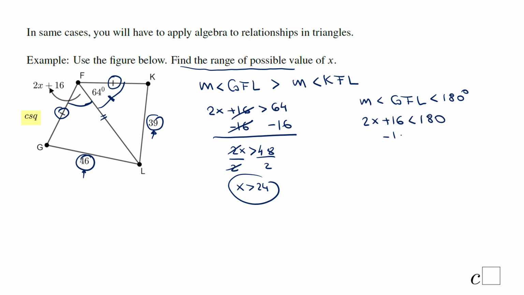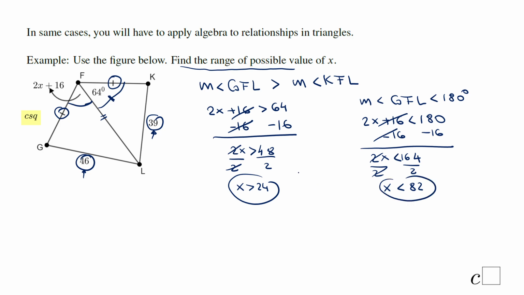I'm going to subtract 16 to solve this inequality. We have 2x less than 164. Divide by 2. x has to be less than 82.